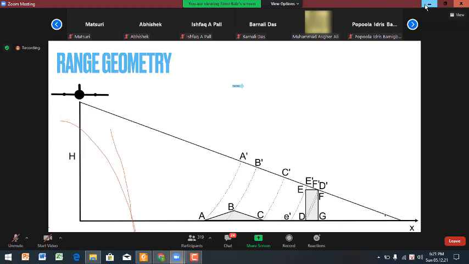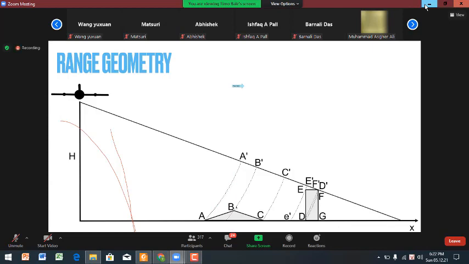So if we take a look here and we send our signal, the reflection of this point A would be on the slant range, where we have A dash. And B, because it's a little bit closer to the sensor, you see that range here, this dotted line, is the line of the same range, the iso range line.